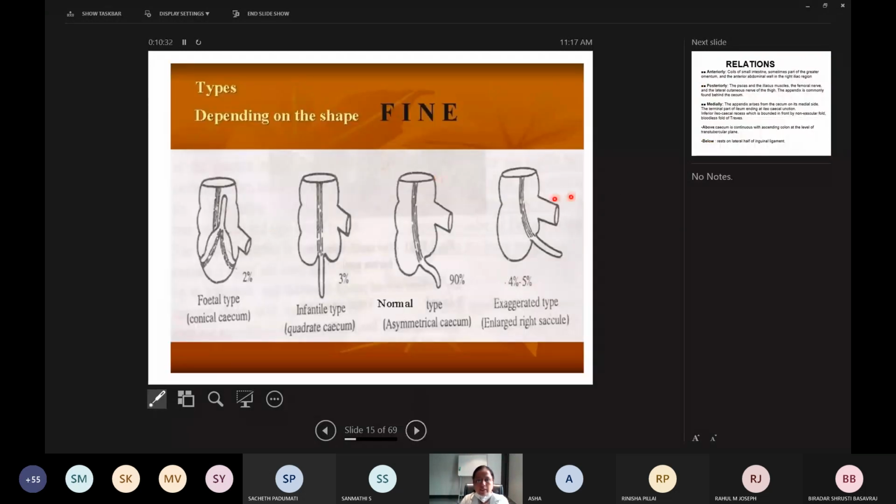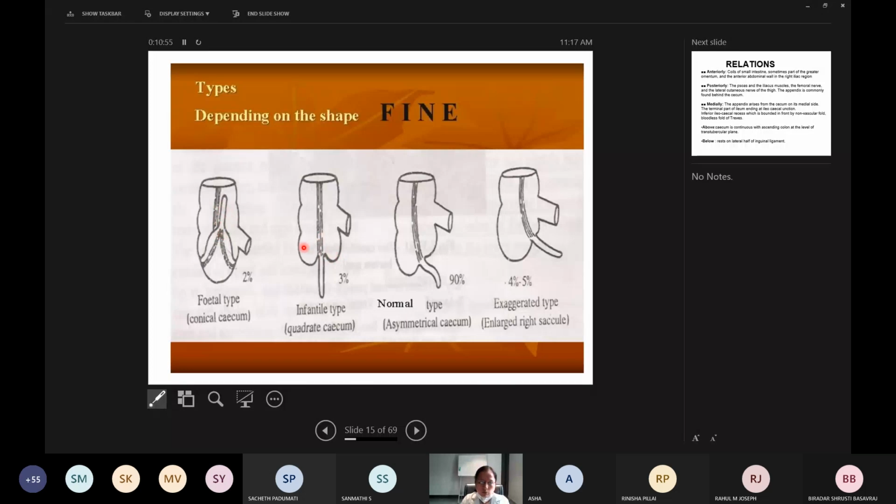Here you can see this in the figure. This is the fetal type; you can remember by the mnemonic. This is the fetal, this is the infantile, this is the normal or adult type, and this is the exaggerated. You can see the conical cecum, and the appendix arises from its apex.